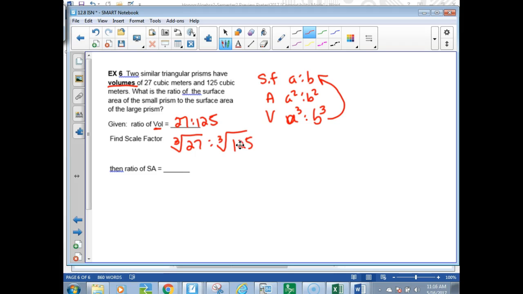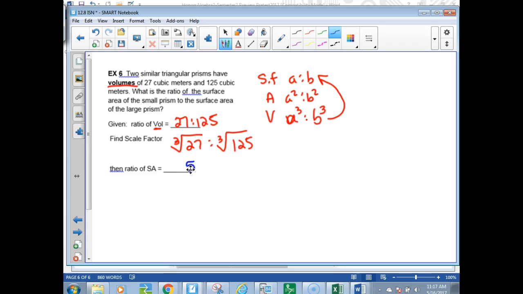What do you have to do to multiply it 3 times in a row to get 125? Just take a guess. What's 5 times 5? What do you think 5 times 25 is? 125. If you uncube this, it's going to be 5.